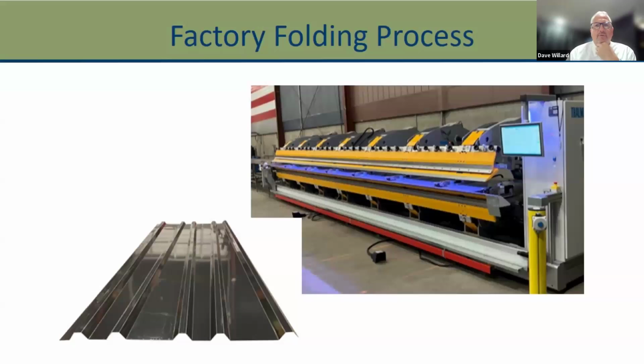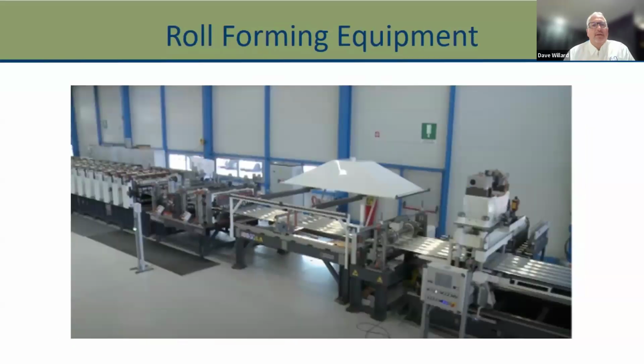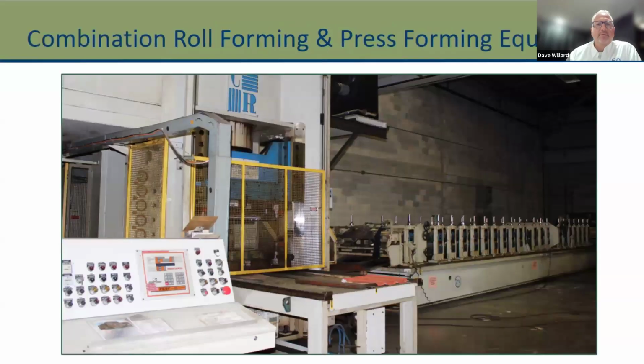So the folding process is good, but it does have some limitations. Roll forming, obviously you can just continue to roll as long as you want. And we jokingly say we can run panels as long as a truck can carry them. Although there are other limitations as far as how long you want a panel, roll forming equipment is quite large. And then you can do a combination of roll forming and press forming.